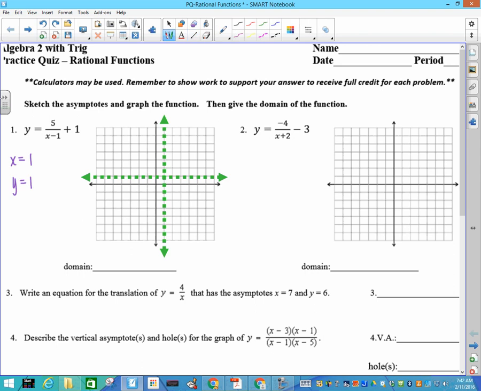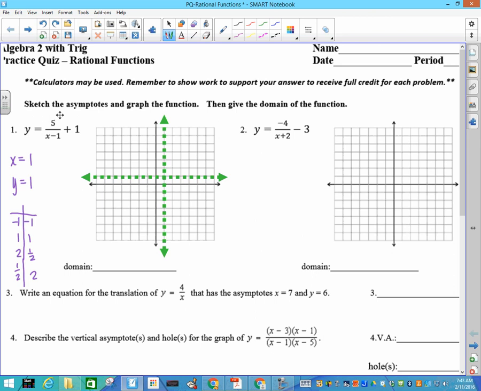Now, what is a little bit new is that we have a number here. What we've talked about previously is we had key points -1, -1, 1, 1. We had 2, 1/2, and 1/2, 2. Those are our key points. If this number is 1, I want you to plot those points, and you know that they're in opposite quadrants.